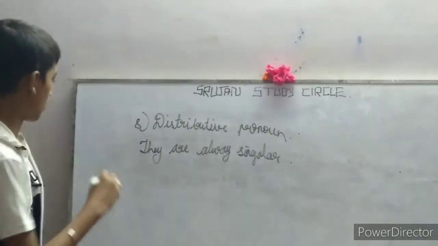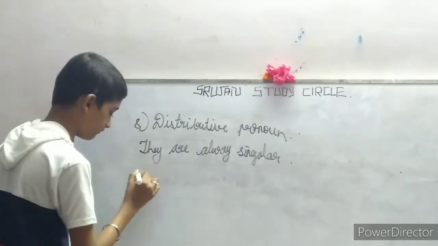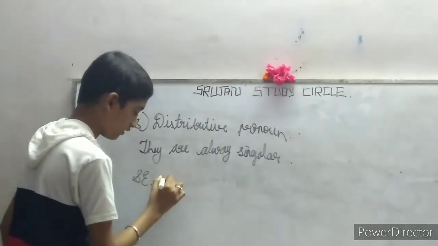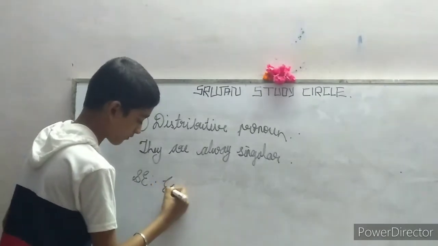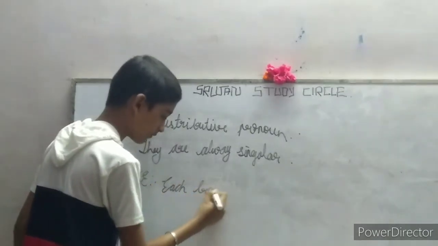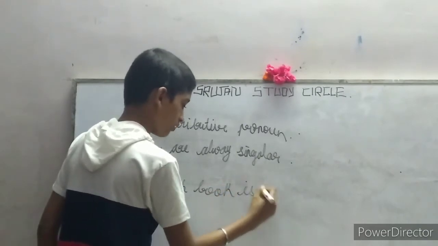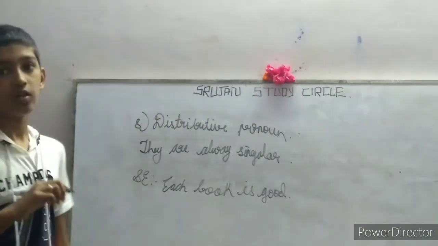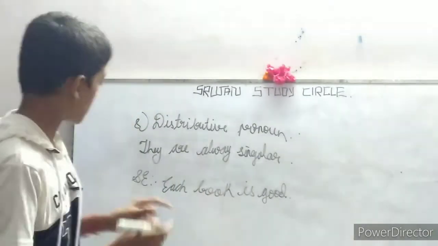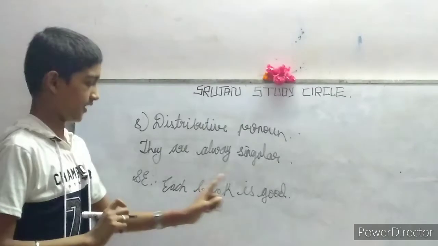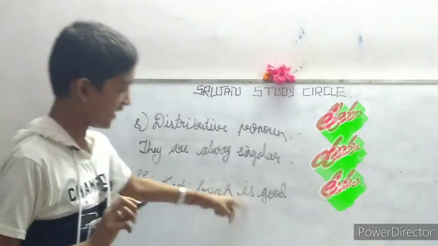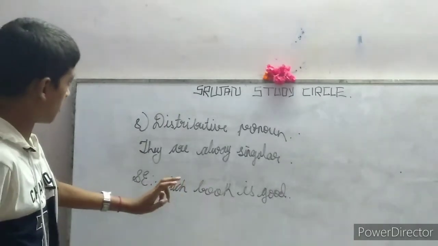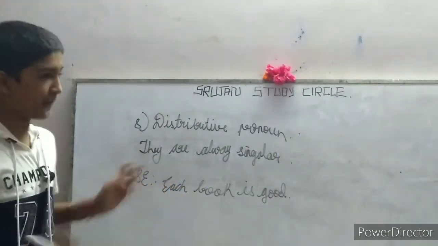Now I am going to give one sentence example, that is, each book is good. Now I am talking about many books at a time. So I am using singular each, and for that I am using is, because I am talking about a singular noun, but there are many.